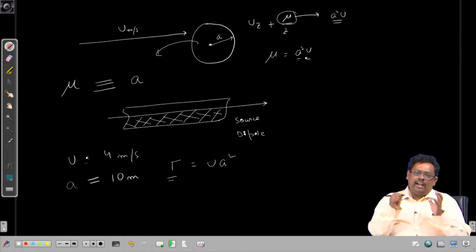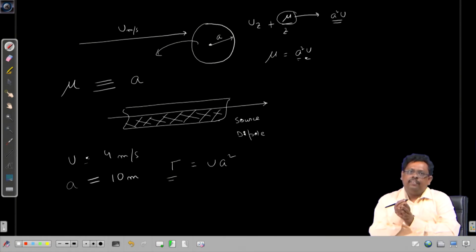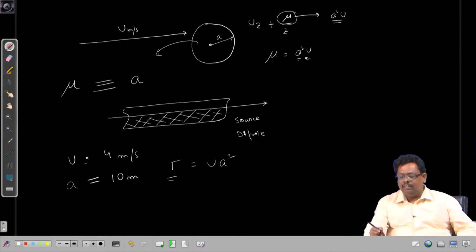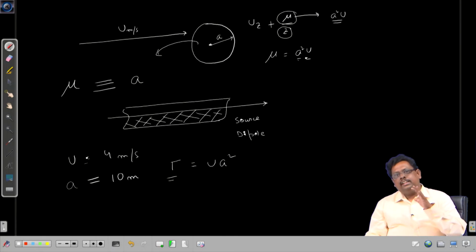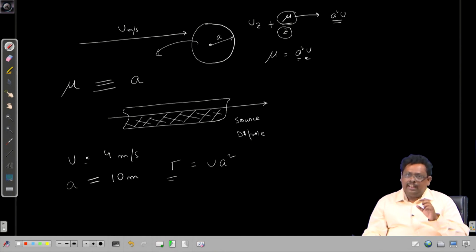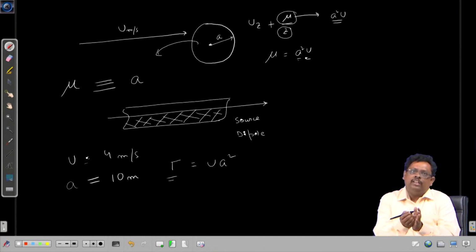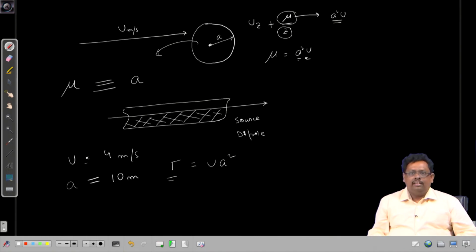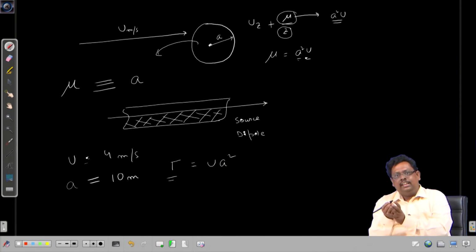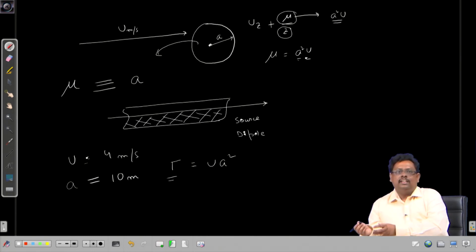This is the basic idea of the distribution of singularities. Why do I call these singularities? Because you can see here it is mu by z. So, at z equal to 0, this function is singular, because it becomes infinity, right. For this particular problem, I distribute the singularity at the centroid with a strength which I relate to my geometry.